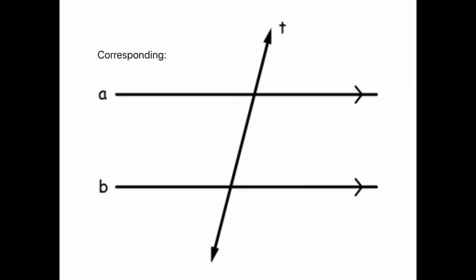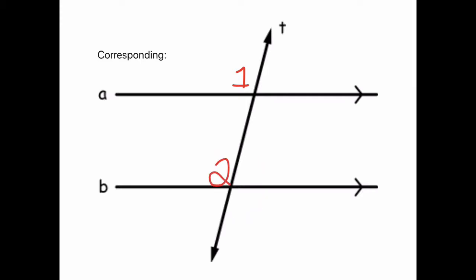So an angle that is corresponding will always be corresponding based on the parallel line. So our line A and line B are our parallel lines here. And so if we notice we have this angle here, we'll call this angle 1. Angle 1 is in the top left-hand corner of this intersection right here. So the angle that's corresponding to angle 1 will be in the top left-hand corner of this intersection right here.